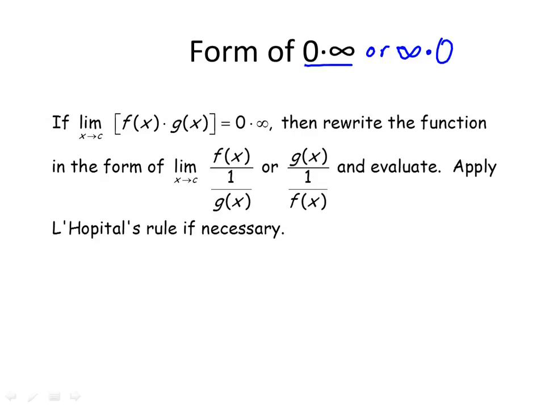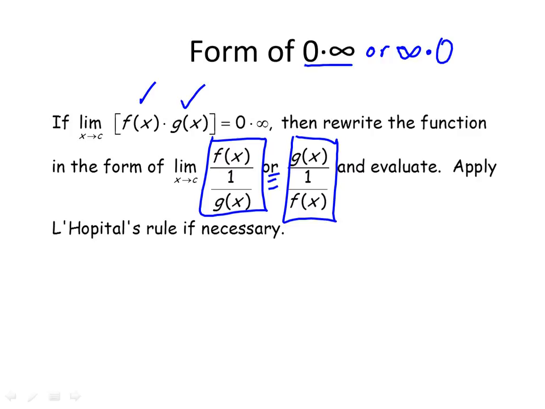So if you have 2 functions multiplied together, and you apply the limit to that product, and you get 0 times infinity or infinity times 0, it doesn't matter. What you're going to do is you're going to change your 2 functions into either this or this. Now the question is, well, which one do you do?